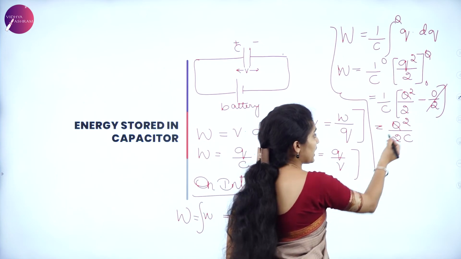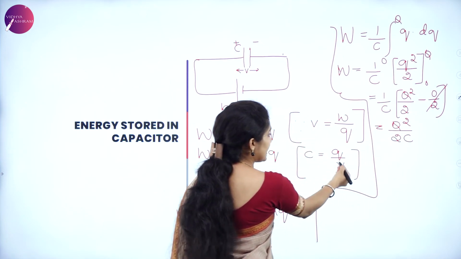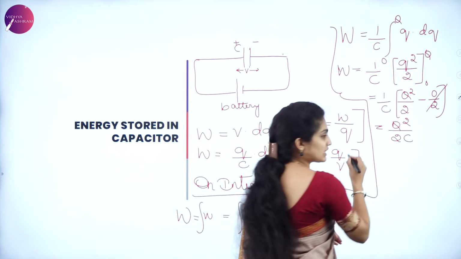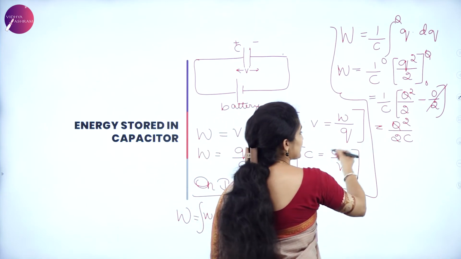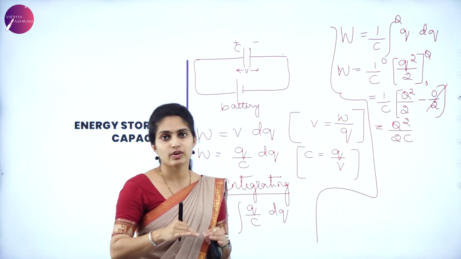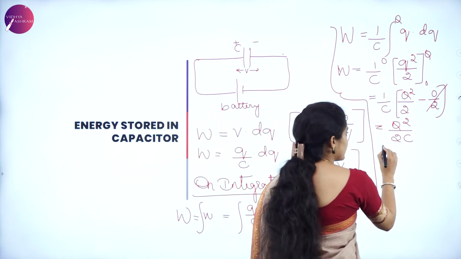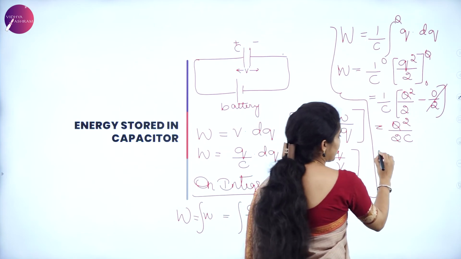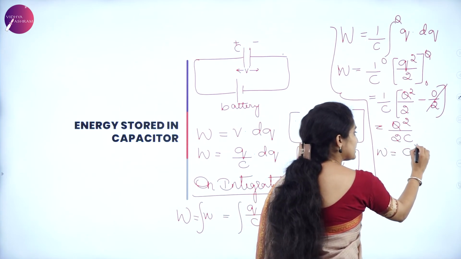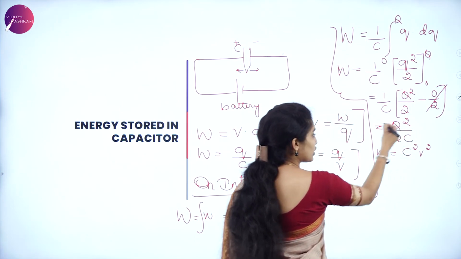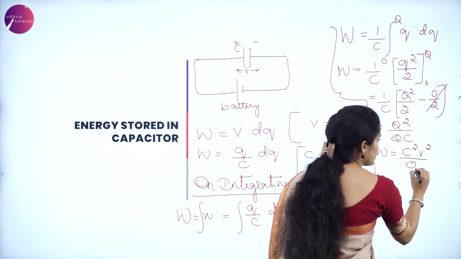We also know that Q is nothing but C into V. Q is the charge, and this is also charge, just that one is in capital and one is in small letter. So C and V are substituted in place of Q. So W is equal to C square V square divided by 2C.